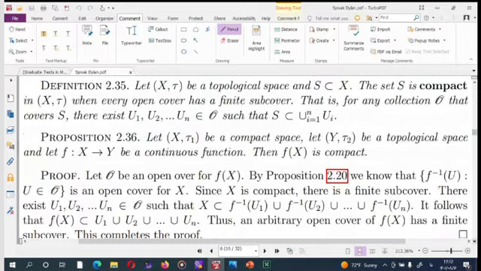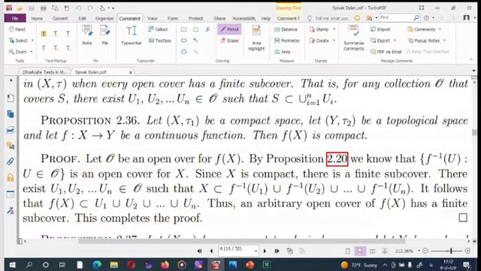We have some useful and easy propositions such as this: let X and tau be a compact space, and Y and sigma be a topological space, and f from X to Y be a continuous function.